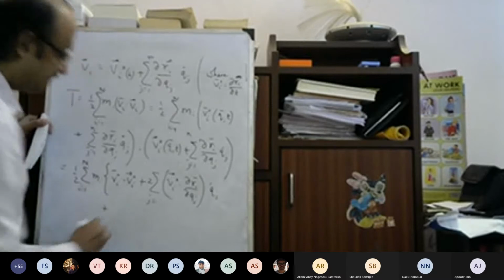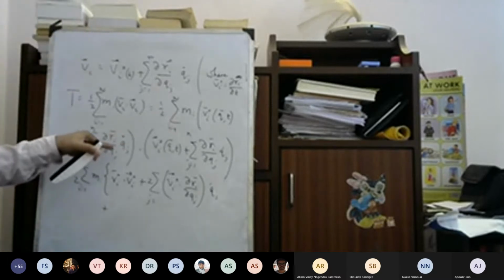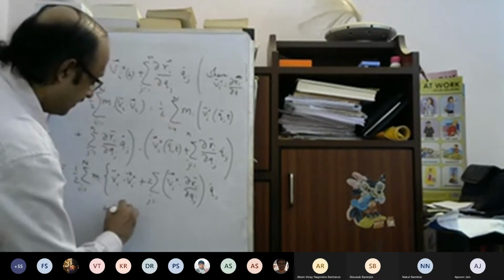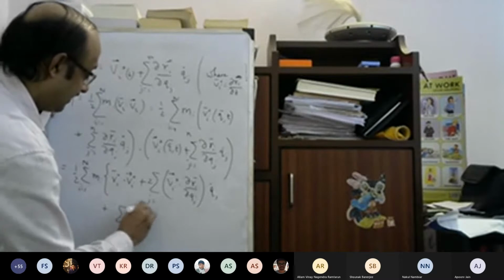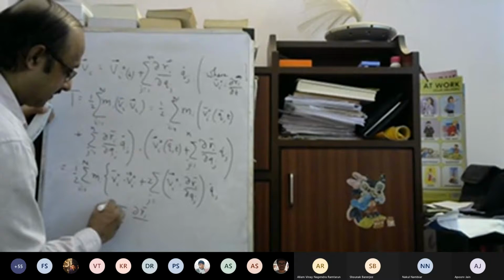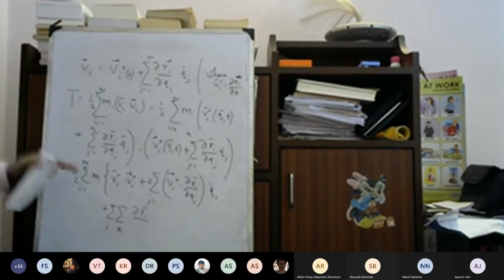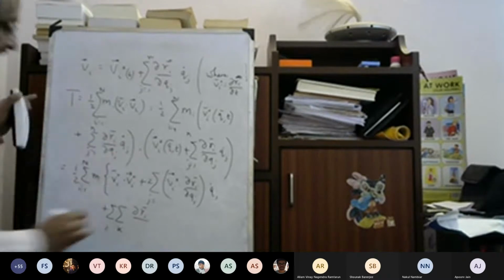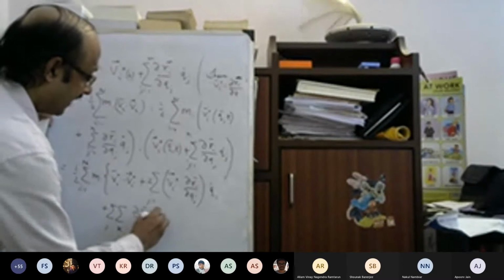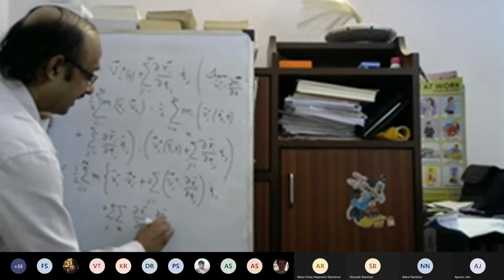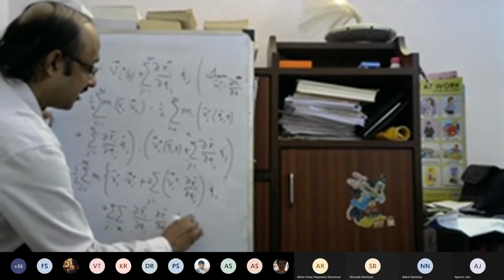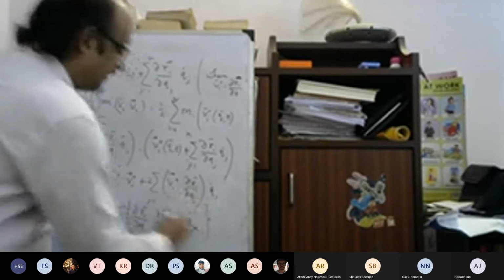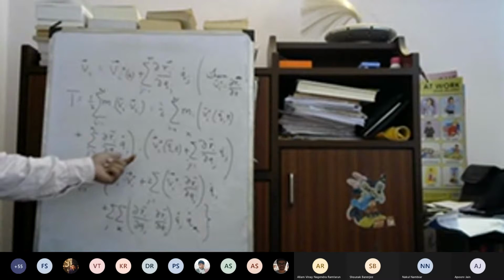And the third expression, just to write it in a different way, I'll have to use two subscripts, j and k: del ri by del qj, del ri by del qk, qj dot, qk dot.